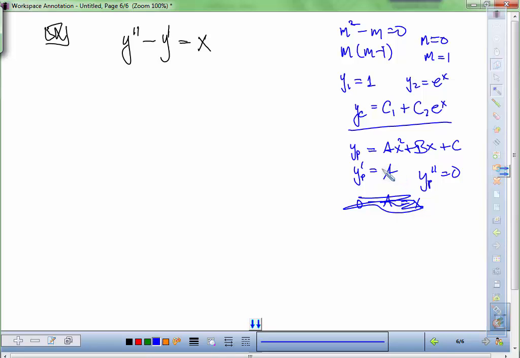So yp is ax squared plus bx, yp prime is 2ax plus b, and then yp double prime is 2a. All right, so 2a minus 2ax minus b is equal to x.